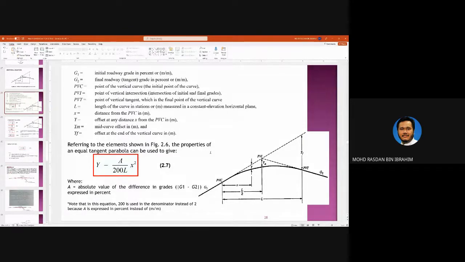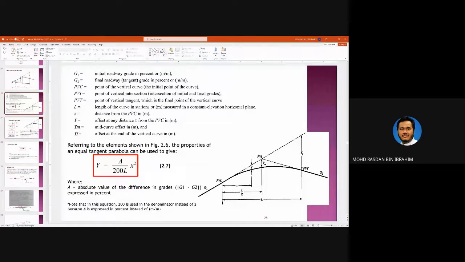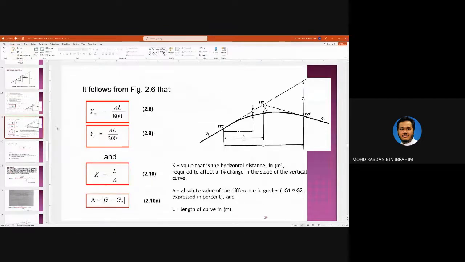And other relationships, you can use Ym, which is immediately under the point of PVI, and Yf here. Yf equals AL over 200. And also, most importantly, you need to know the relationship of K. K is the horizontal distance required to affect 1% change of the vertical curve.